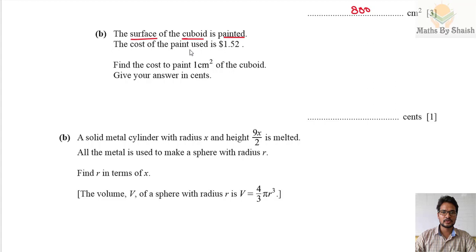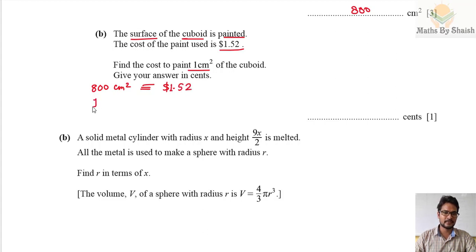The surface of the cuboid is painted, meaning the total surface area. The cost of the paint used is $1.52. Find the cost to paint 1 centimeter square of the cuboid. Give your answer in cents. So we are going to use the unitary method here. To paint 800 centimeter square, we require $1.52.